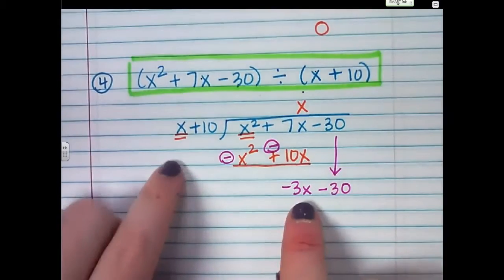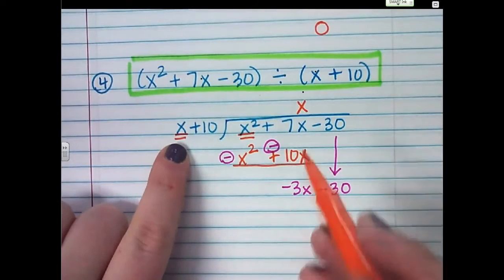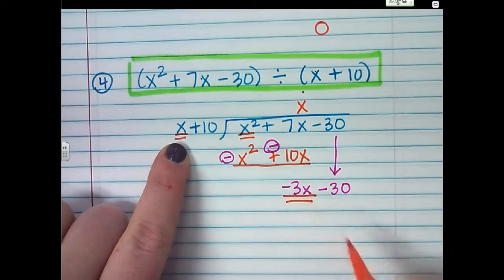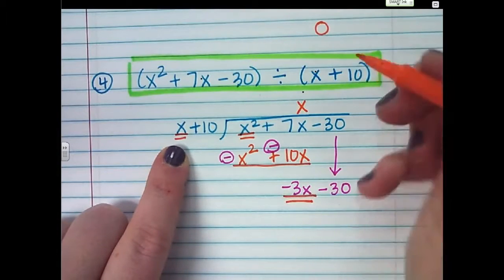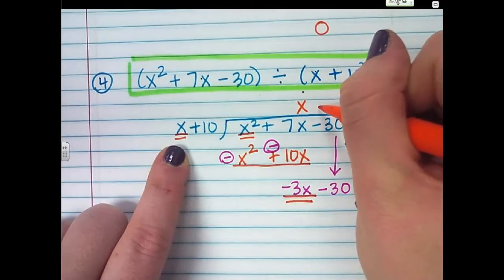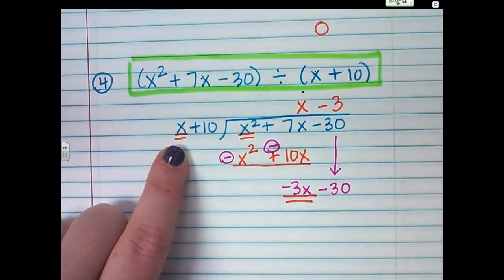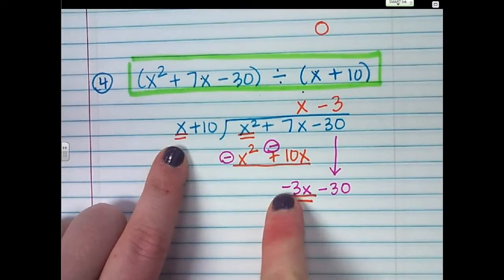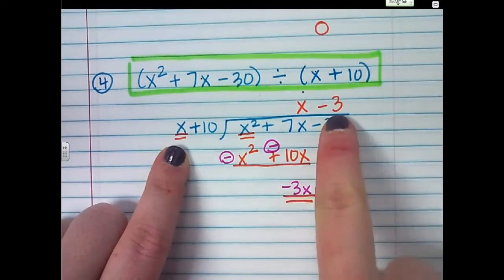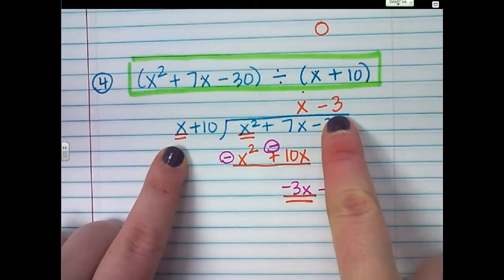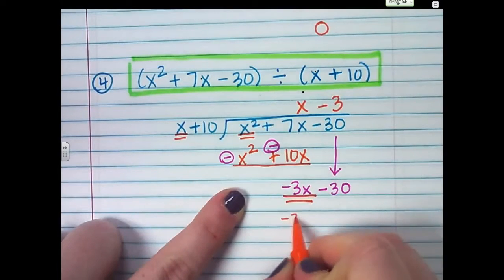And then we do it again. What times x gives me negative 3x? Positive or negative 3? Negative 3. And that's what I was going to say too, because you guys sometimes will miss this negative. Multiply again. Negative 3 times x is negative 3x.